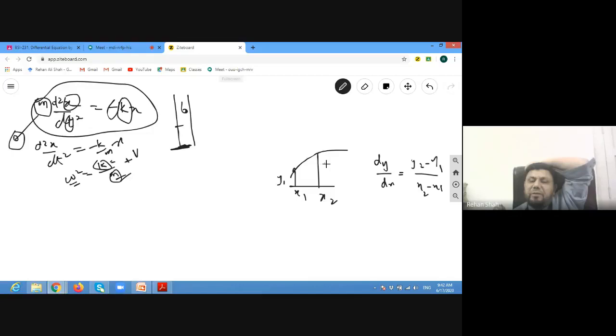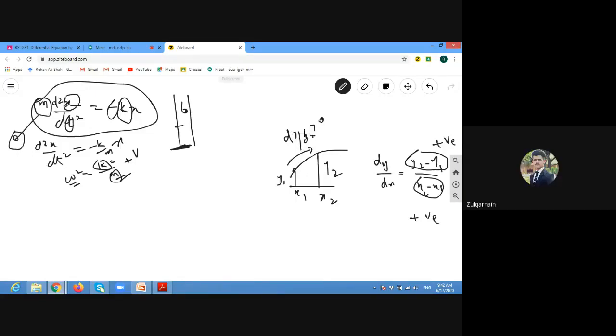If you are moving from y1 to y2, y2 minus y1 will be positive because y2 is greater than y1. x2 minus x1 is always positive. Dividing a positive value by a positive value, the derivative will be positive when moving from here to here. Is it clear now?